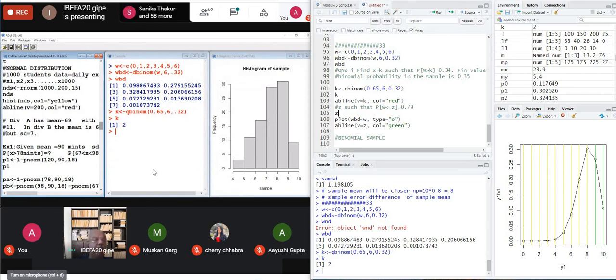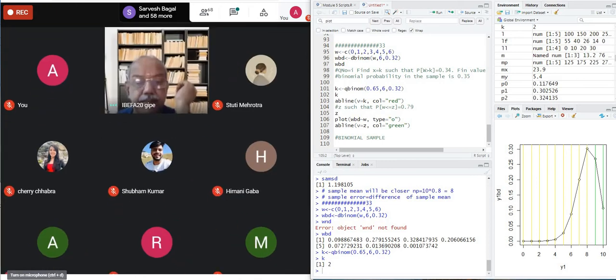What does it mean? Suppose in the question paper you see first. Let us share the question paper. A real life example I will show you afterwards.